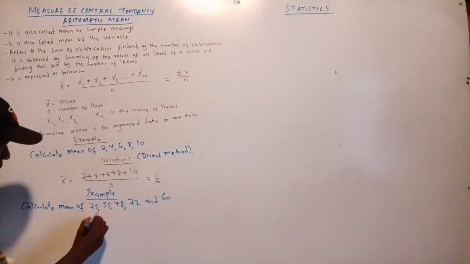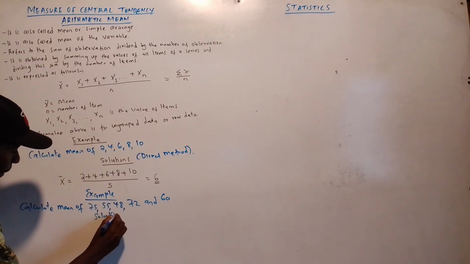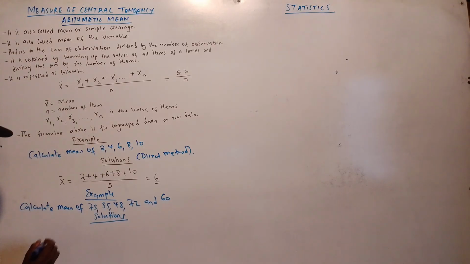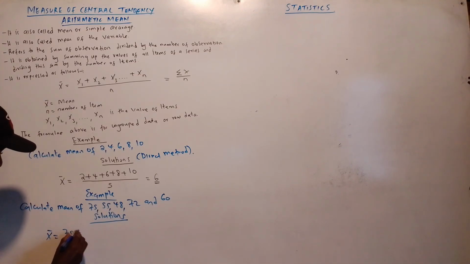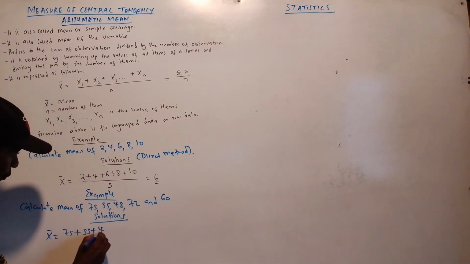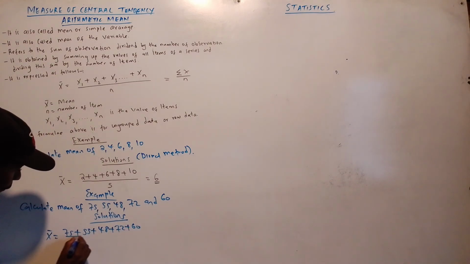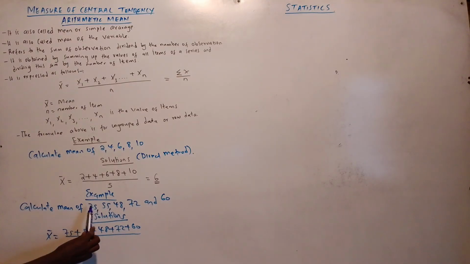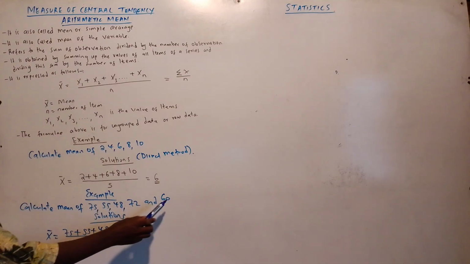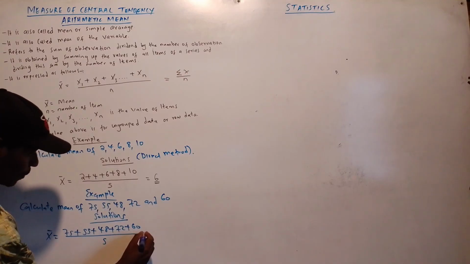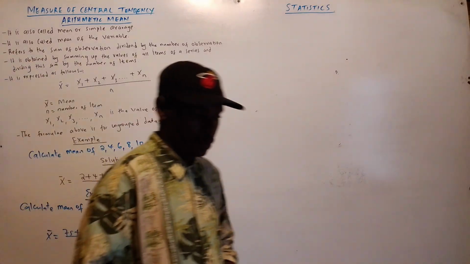Solution. So our x bar will be equal to 75 plus 55 plus 48 plus 72 plus 60. Then we divide by the number of observations, 1, 2, 3, 4, 5. Divide by 5, we shall get our answer.